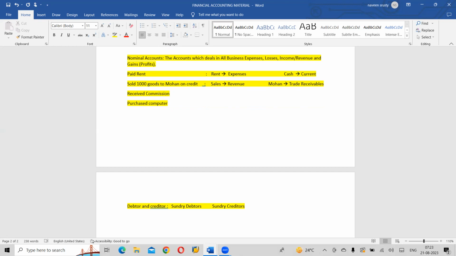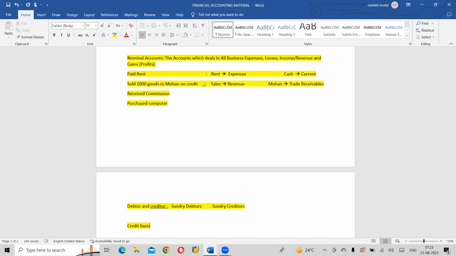In the real environment, majority of business transactions will take place on a credit basis. Hope you know that. For businesses that deal with buying and selling of goods and services, 95% of transactions take place on credit basis.